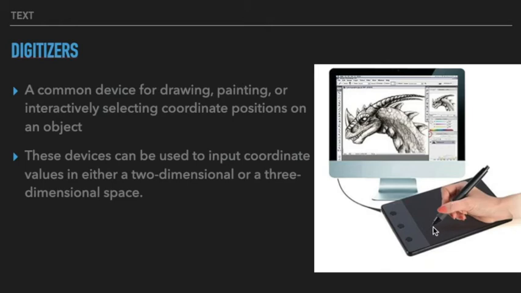Okay, so this stylus or even a hand cursor can be used to activate a position or a particular coordinate. Okay, and this can be used to draw a picture, or you can paint, etc., using this graphic device or a digitizer. Okay, this is an example of a digitizer.